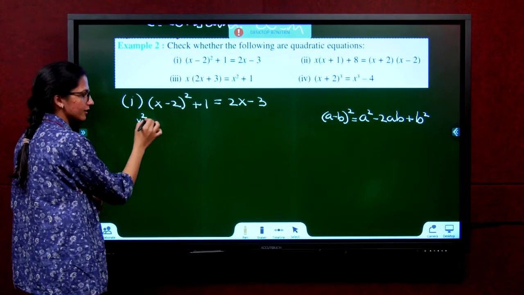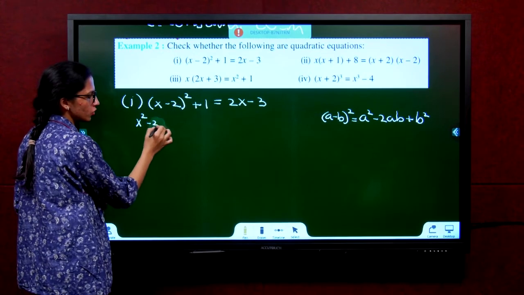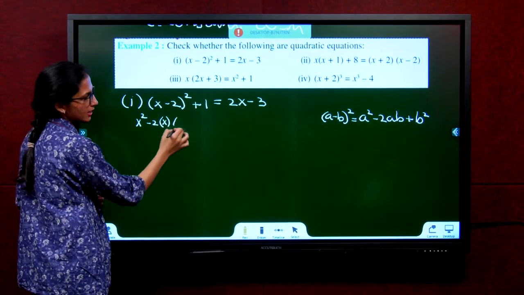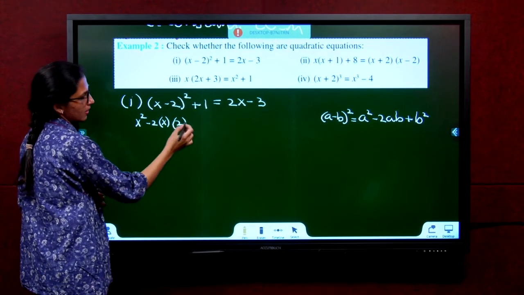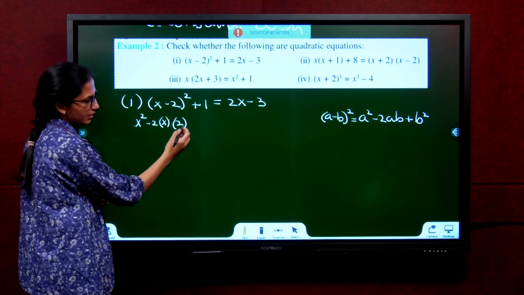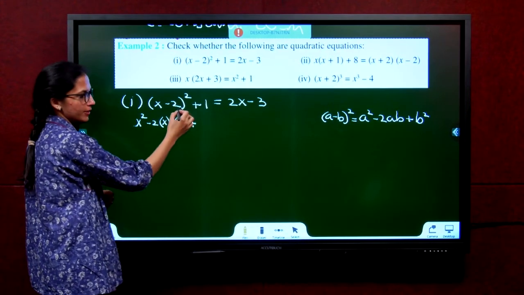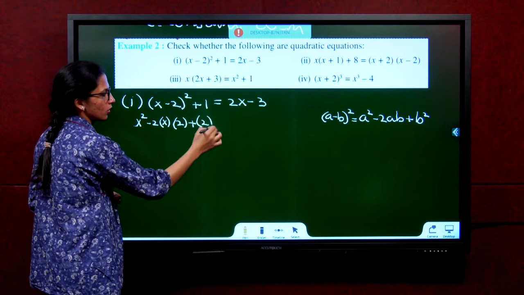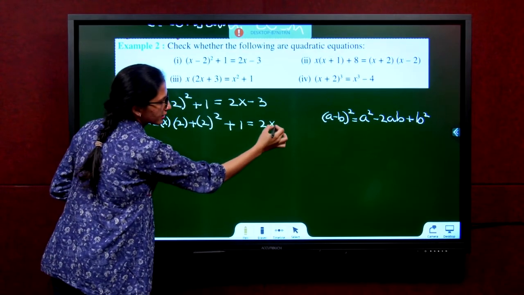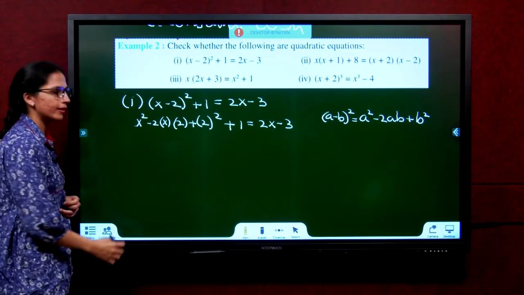So it becomes x square minus 2 into a. What is a? x. What is b? 2. x square, a square minus 2ab plus b square. b is 2. The whole square plus 1 is equal to 2x minus 3.